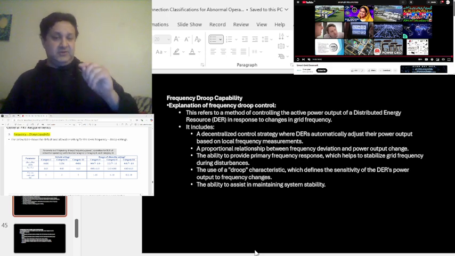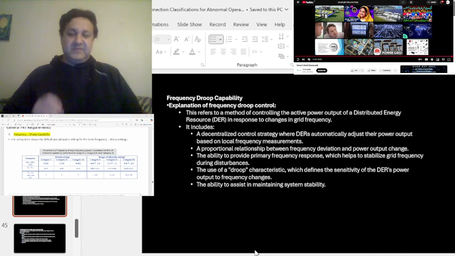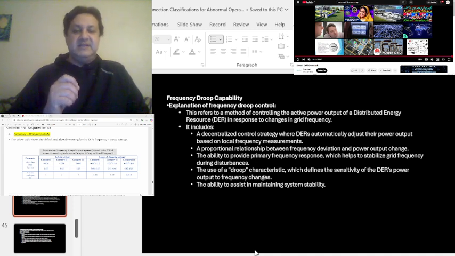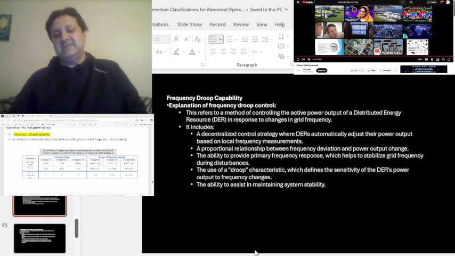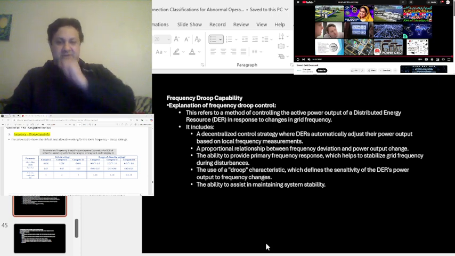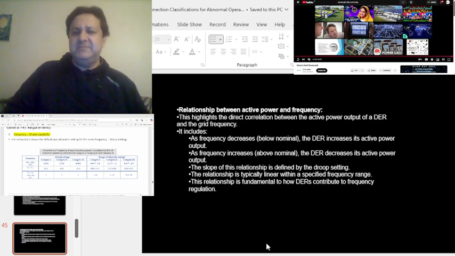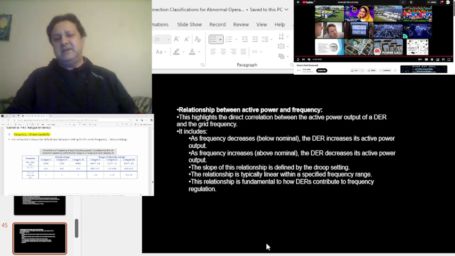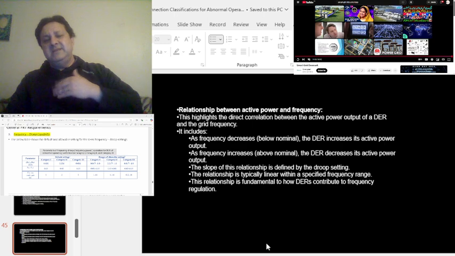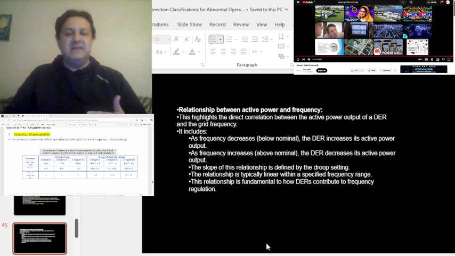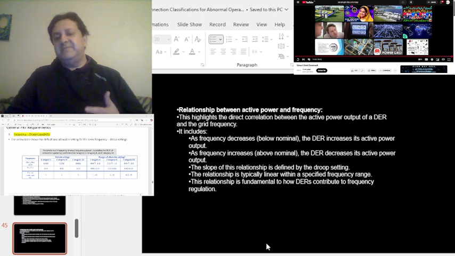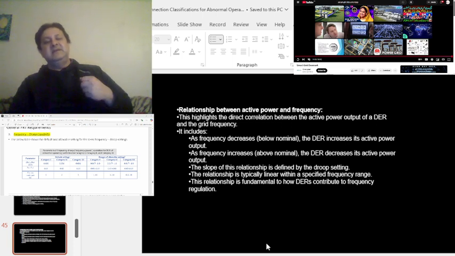The use of droop characteristics defines the sensitivity of the DR's power output to frequency changes. So, the relationship between active power and the frequency: this highlights the correlation between the active power output of a DR and the grid frequency.